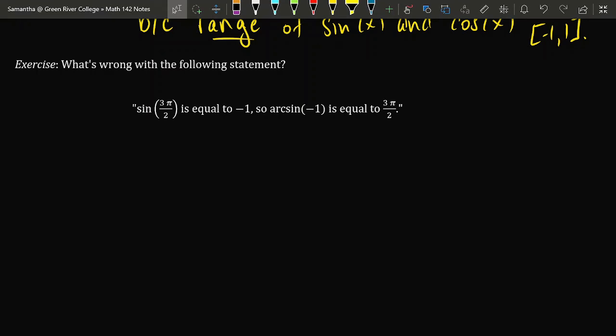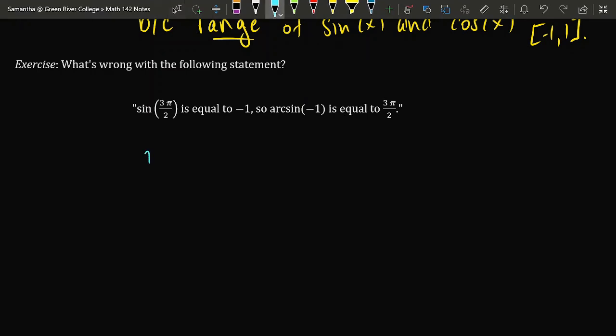If I plug in an angle 3 pi over 2, sine outputs -1. So if someone asks me for the value of arcsine with -1 plugged in, our input and output always just swapped. Is the output of arcsine equal to the angle 3 pi over 2? The answer is no. This statement is false.